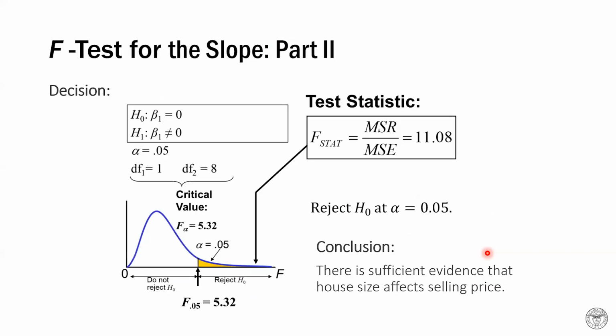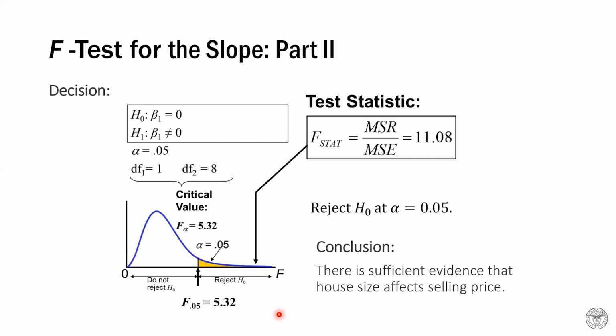In forming the decision rule, we can check the f-table for the critical value. Note that the f-table is not required in this course. Given the degrees of freedom, we obtained the critical value of f equal to 5.32 based on a 0.05 level of significance.